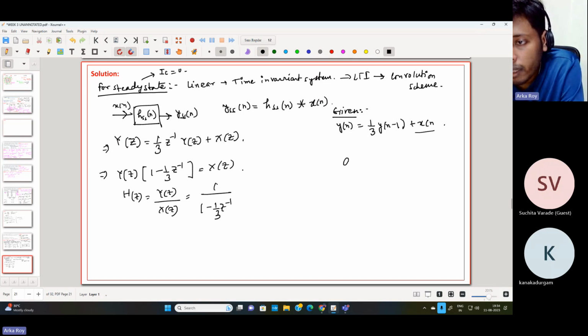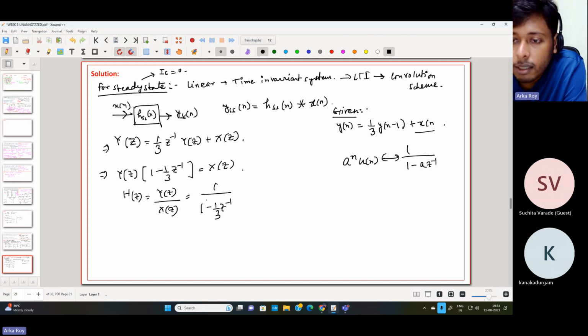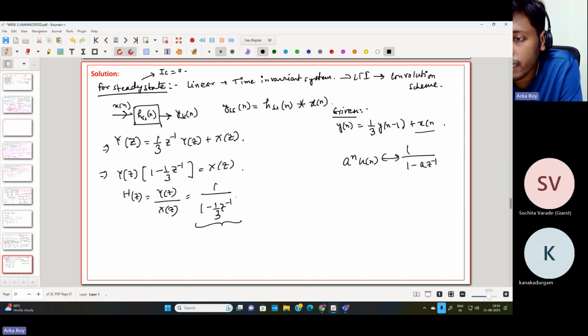So we know that a to the power n un has this particular sequence 1 by a z inverse. That means this is falling into the same category. Therefore, I can consider that HSSN is the inverse z transform of this particular thing. So this will effectively reduce to 1 by 3 whole to the power n un.